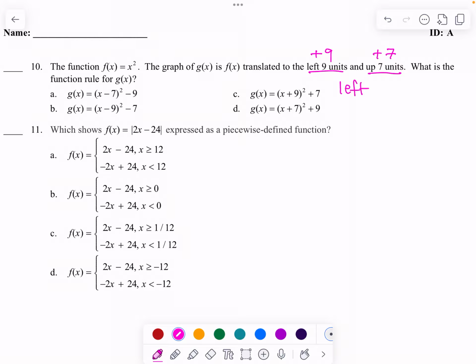Left means add, but if it goes right, it's subtract from the x, and then up or down just means add or subtract, right? It's pretty basic. So that one would be plus 9 and plus 7, which leaves us with C.